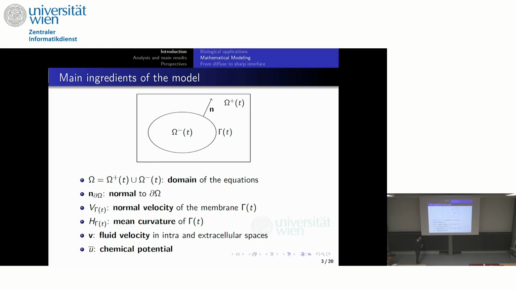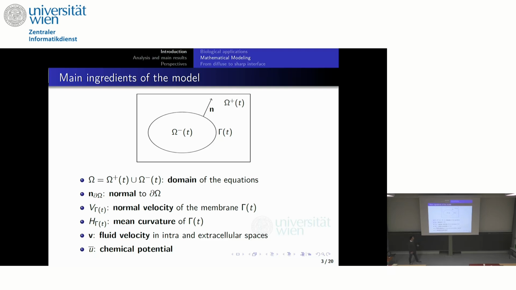One normal is the one associated to the interface, called n here. Then we have another normal, the one of the container, because we will also introduce capillary energy to take into account the boundary contact angle condition. Then we have the normal velocity v and the mean curvature.